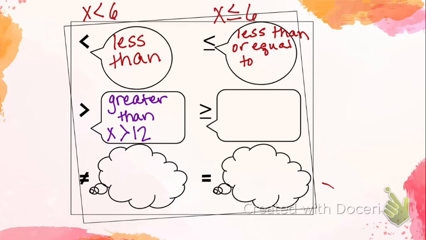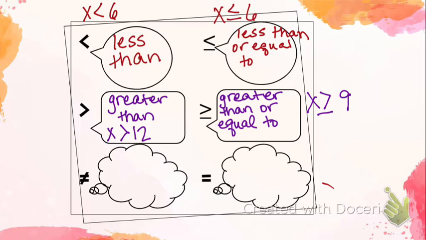Now, this one over here says greater than or equal to. So if I wrote x is greater than or equal to 9, this would mean x could be 9 or anything higher. Okay?